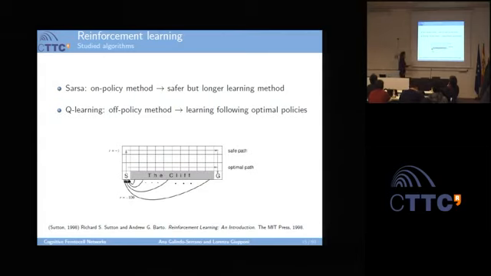So we will have the optimal path where the reward will be good, and then we will have the safe path, which is far from the cliff, but it has a cost. If the agent falls off the cliff, it will have a high penalty.